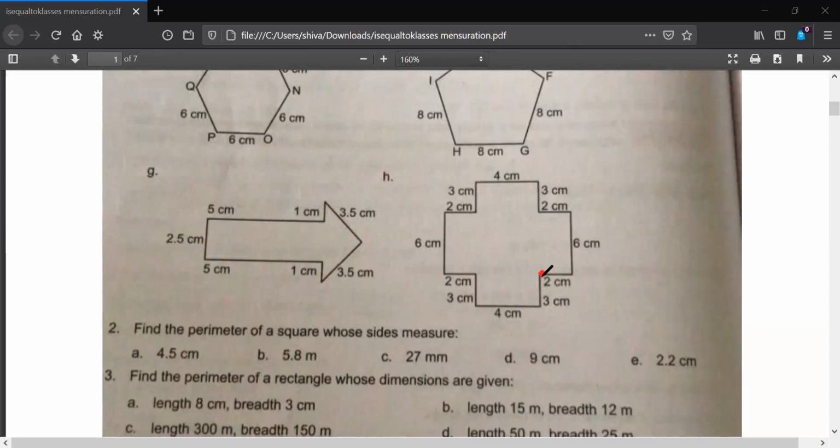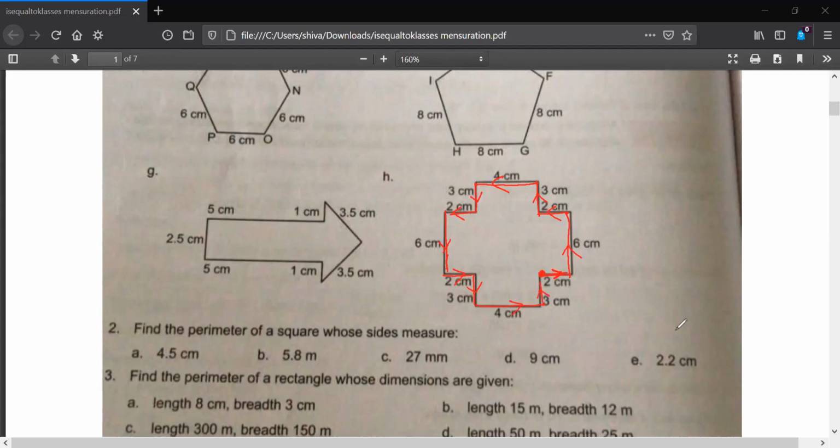Yeah. So you can note, Mr. Sarthak, you can note in your notebook, it is 2 centimeter plus 6 centimeter plus 2 centimeter plus 3 centimeter plus 4 centimeter plus 3 centimeter plus 2 centimeter plus 6 centimeter plus 2 centimeter plus 3 centimeter plus 4 centimeter and plus 3 centimeter.